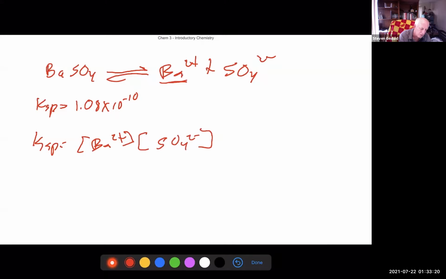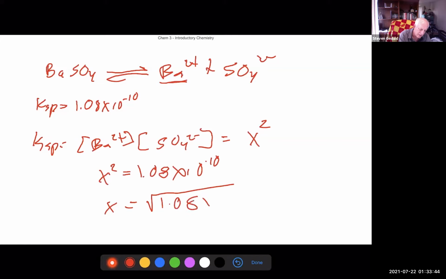And those are equal, so that's equal to our concentration squared. Just put an X for the value we want. So X squared is equal to 1.08 times 10 to the negative 10. X equals the square root of 1.08 times 10 to the negative 10.